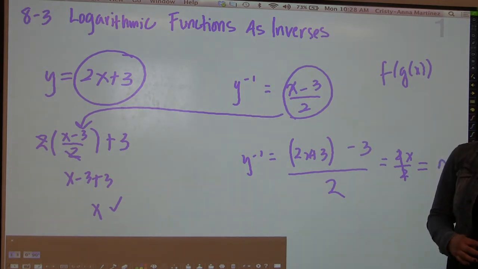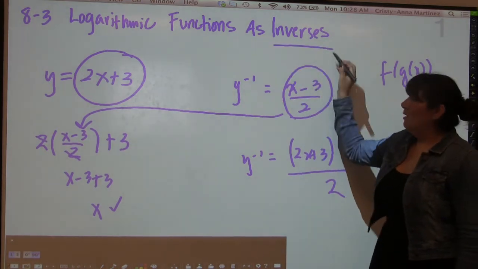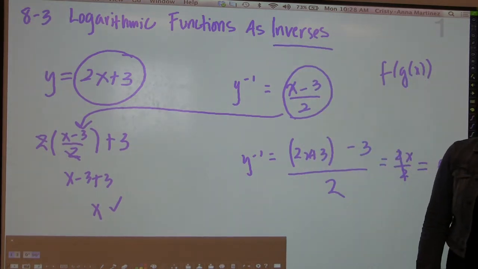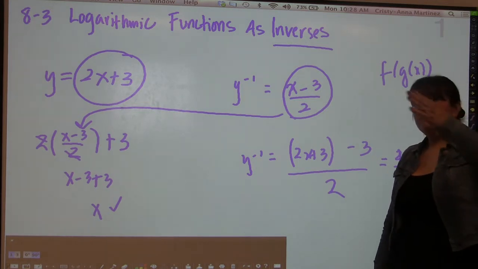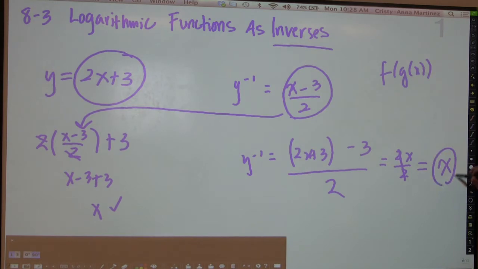It doesn't look the same, and so you tend to get like, what's going on? But I want to remind you that this concept of inverses applies to any function. Whenever you put an inverse function with a regular function, it always gives you back x, because x is the identity function.